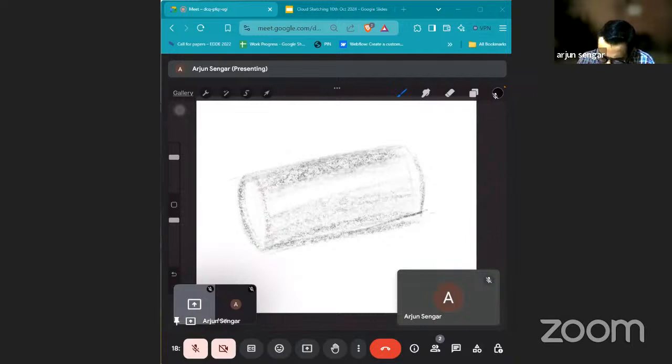See, I think now you guys will know why it is called the cloud technique. Here there is no clarity, just like a dark pencil.